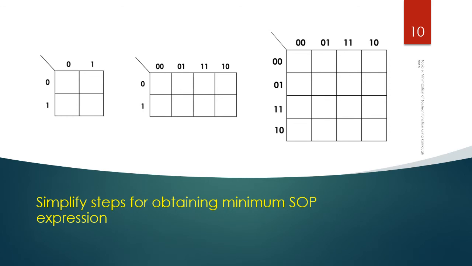Now let's use some examples to see what I mean. Let's start with the simplest case. Say we have a 2 variable map, and the truth table is translated like this. To group them, we first check the squares with value 1. It doesn't matter which one you choose because they are the same here, so let's start with this one.